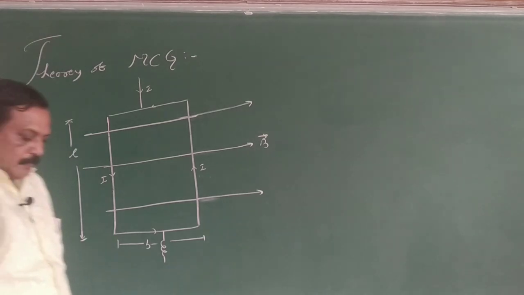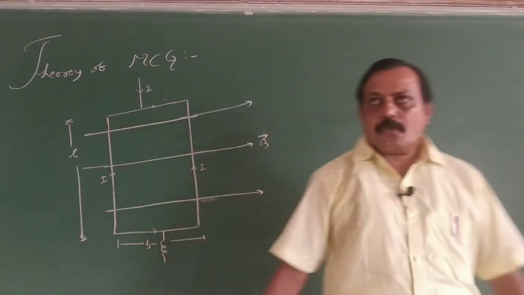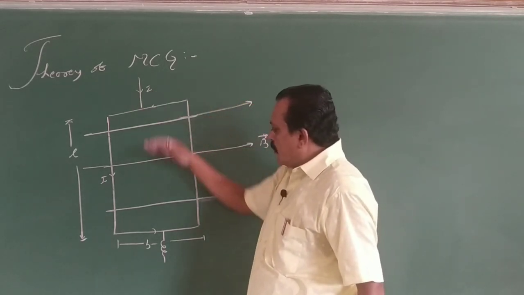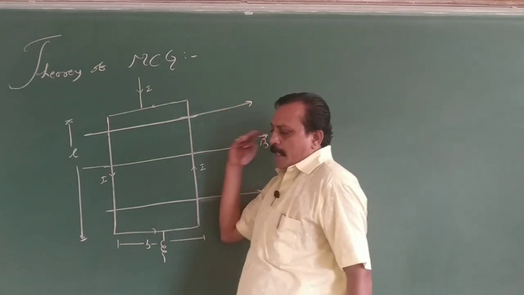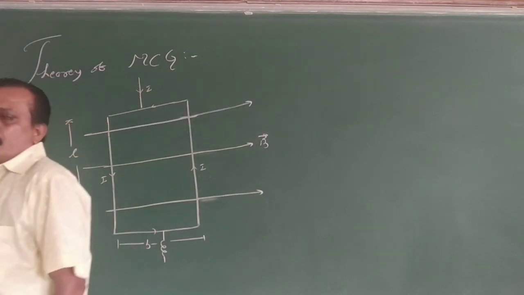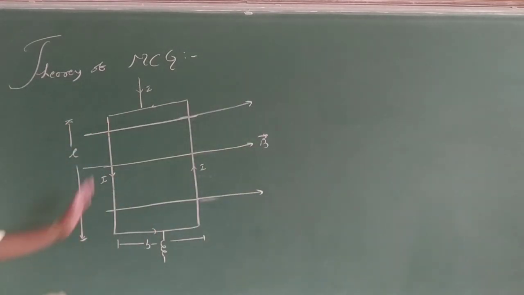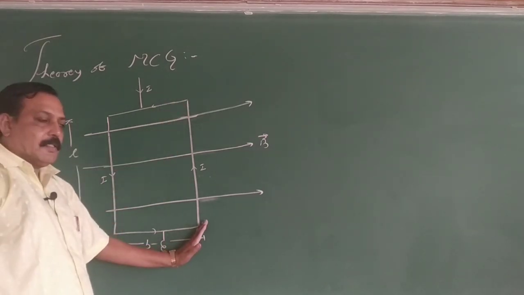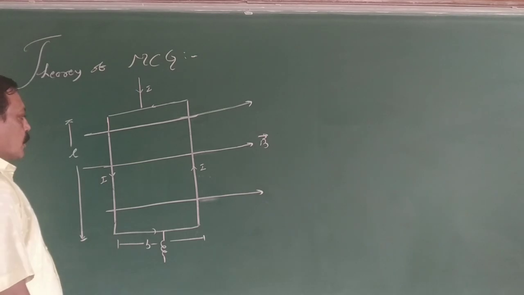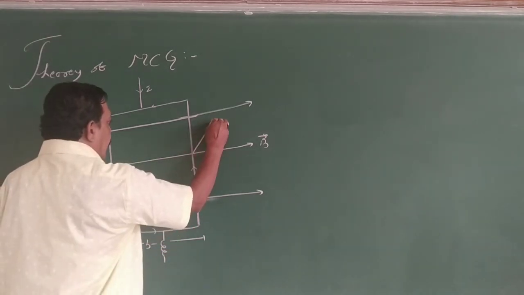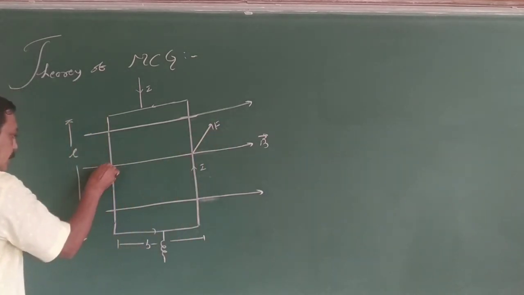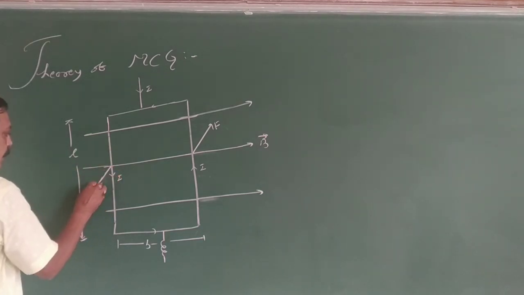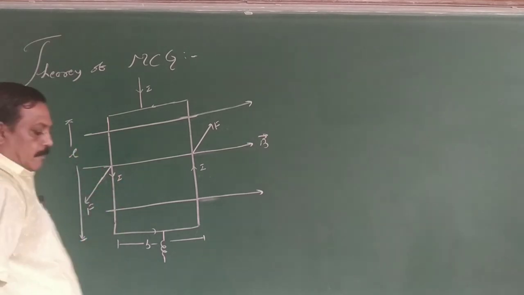When the current is passed through the coil, the horizontal sides of the coil are parallel to the direction of the magnetic field, hence they do not experience force. But the vertical sides are perpendicular to the direction of the magnetic field. They experience forces such that the two forces are equal in magnitude but opposite in direction, acting at two different points, and constitute the couple or torque.